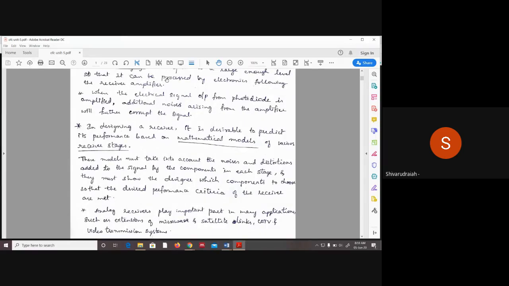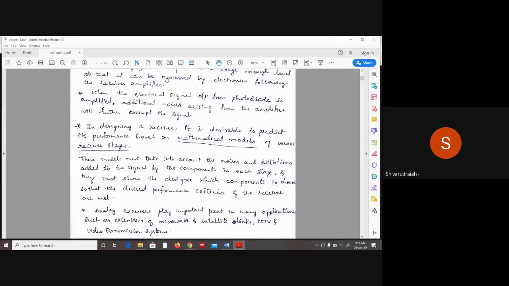In order to design this receiver block, it is desirable to predict the performance of the receiver section based on the mathematical models of the various receiver stages. So one has to develop a mathematical model in order to construct an optical receiver section based on its performance.